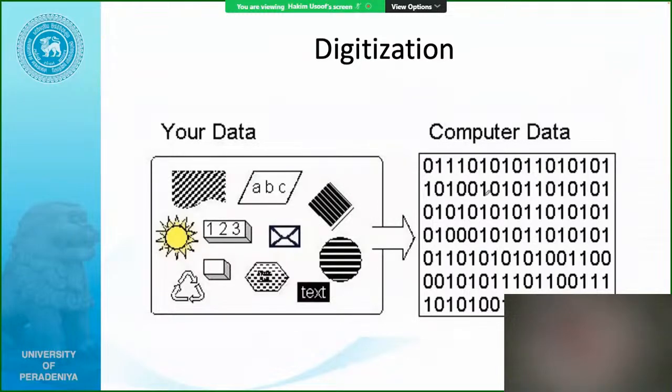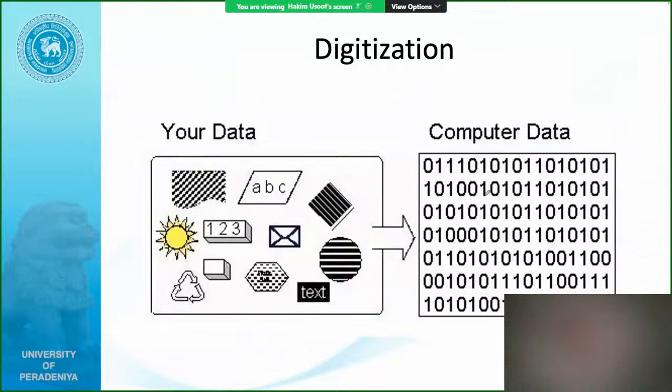So this data that a computer uses cannot be used in its raw form, right? For example, if you take a photograph, what is a photograph comprising of? It's just a mix of colors in different positions.